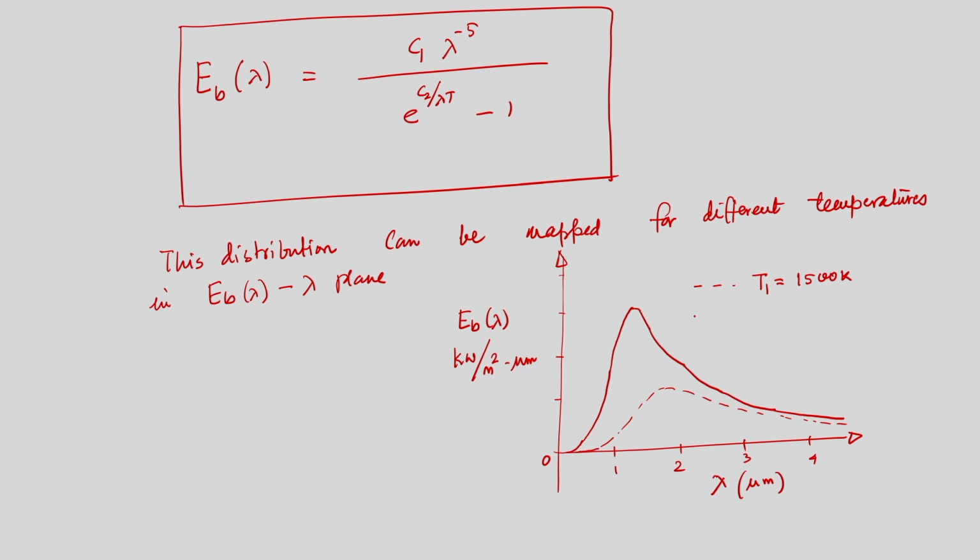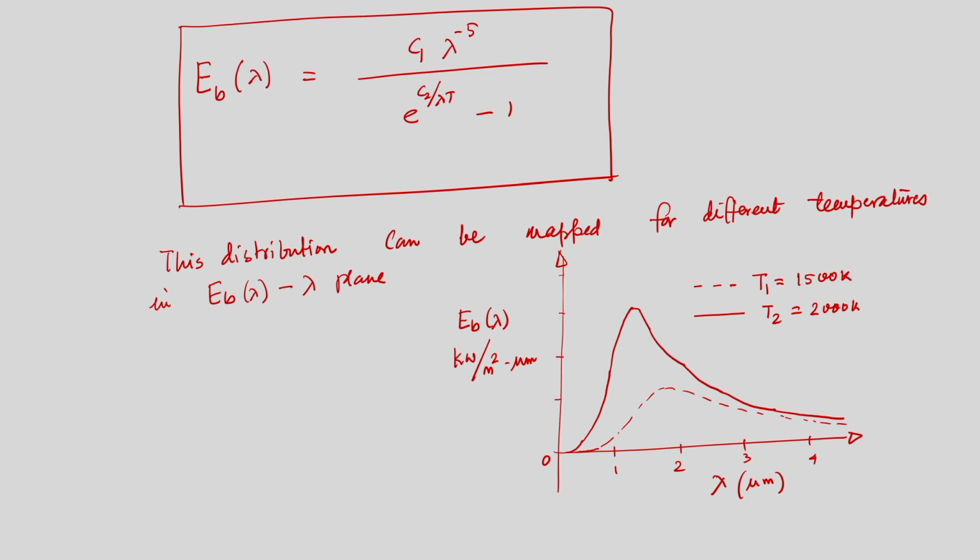This firm line is for T2, which is say 2000 Kelvin. These are the plots we have mapped in the E_bλ plane for two different temperatures T1 and T2, which are 1500 and 2000 Kelvin.